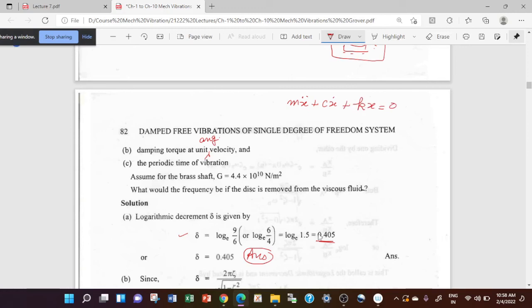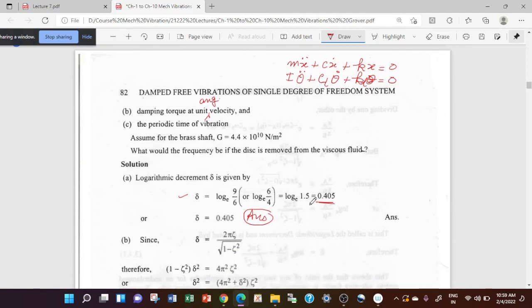For torsional vibrations, it will come out to be I theta double dot plus Ct theta dot plus Kt into theta. So you have the analogous formula for the torsional vibration of damped type.